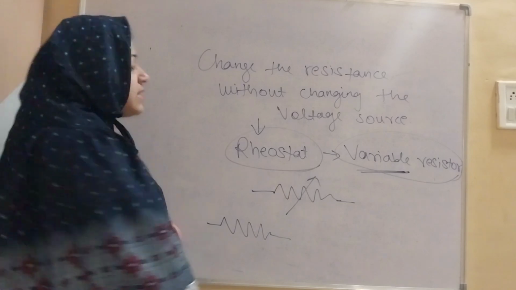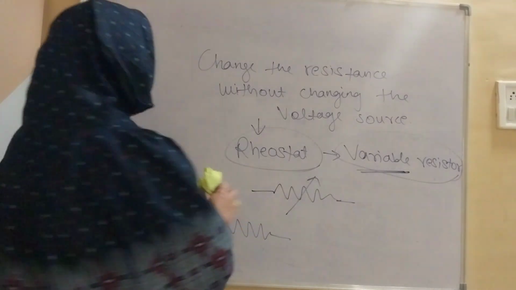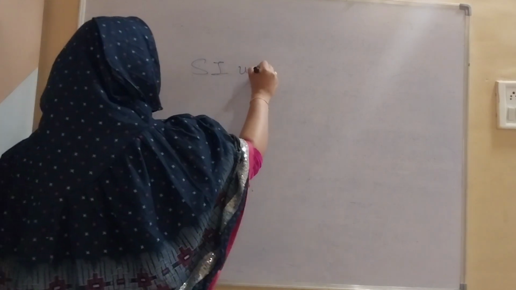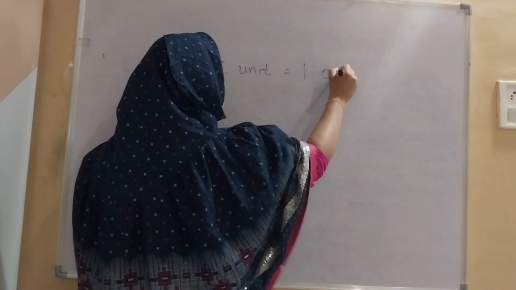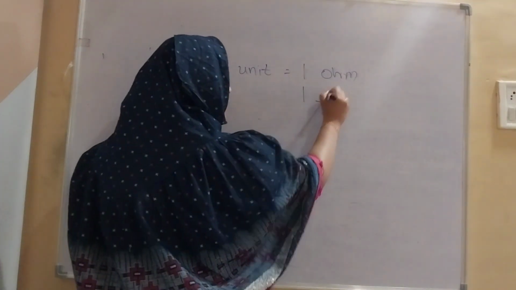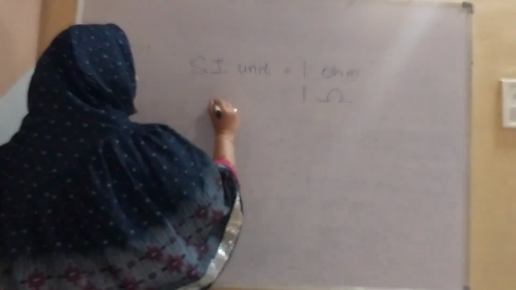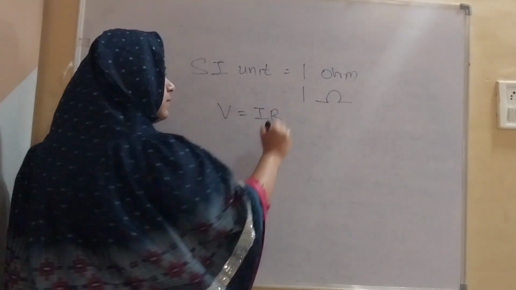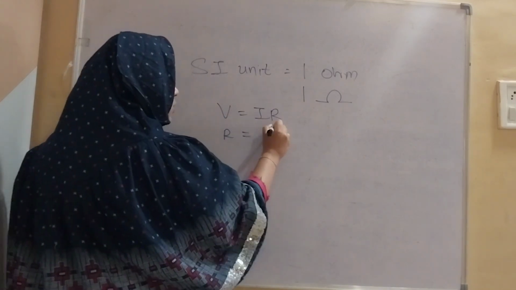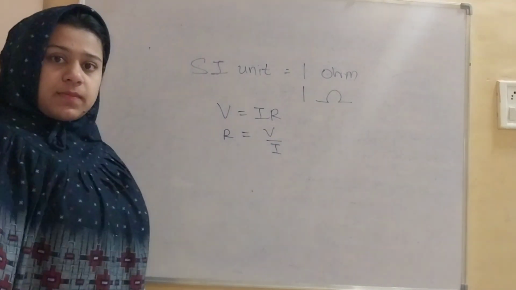Okay. The SI unit of resistance is 1 ohm. And ohm is denoted by the Greek letter omega. Okay. V equals IR, so R is equal to V upon I. Okay.